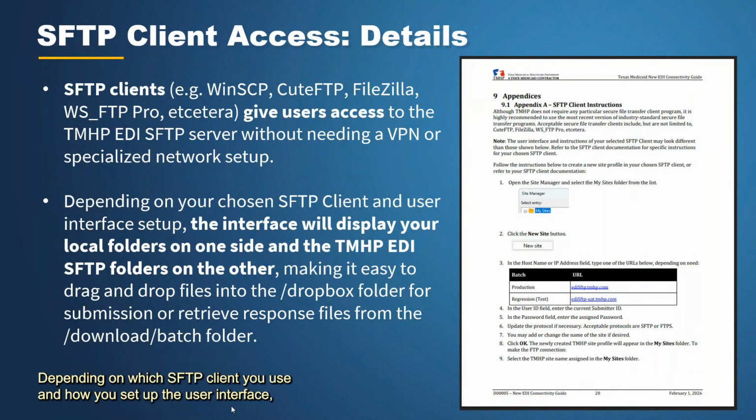Depending on which SFTP client you use and how you set up the user interface, the interface will display your local folders on one side and the TMHP EDI SFTP folders on the other, making it easy to drag and drop files into the Dropbox folder to upload them for submission, or to retrieve or download response files from the download/batch folder.